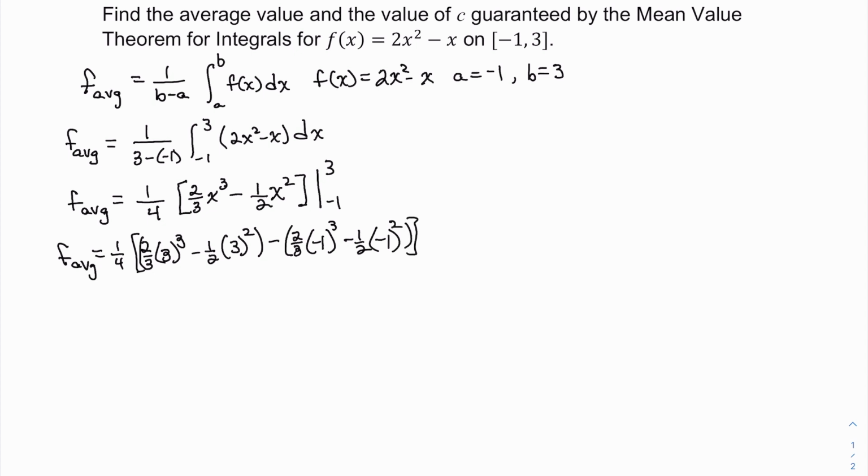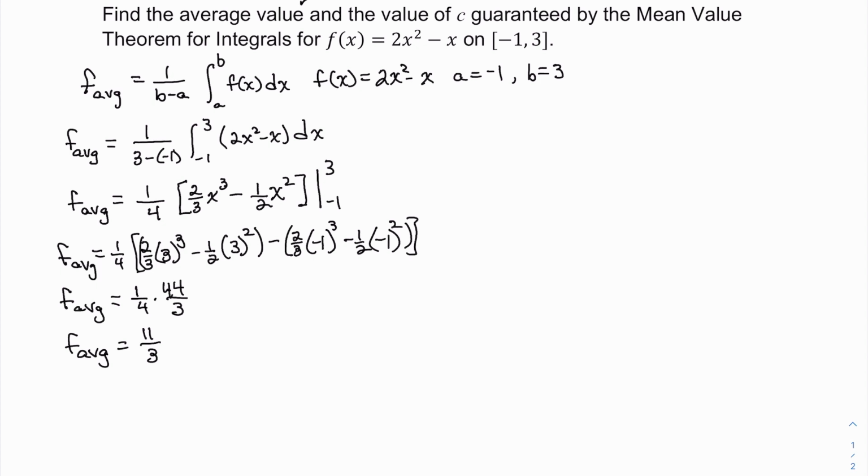And when you work through the arithmetic of what's in the brackets, you'll get that that's 44/3 in the brackets. And 1/4 of 44/3, we get our average value of our function over that interval to be 11/3. So that's the first part of the process, the average value.